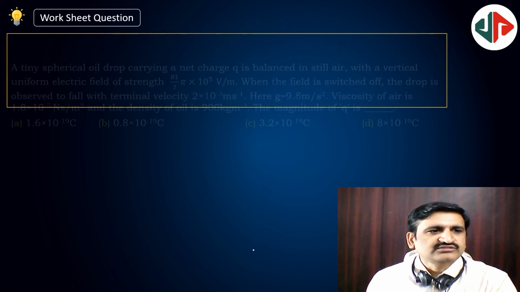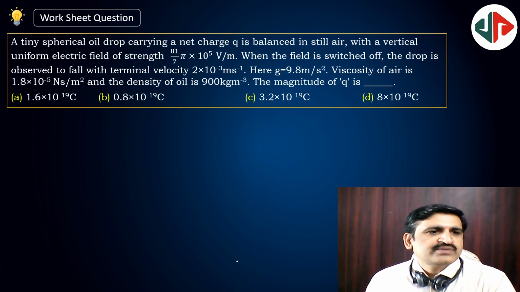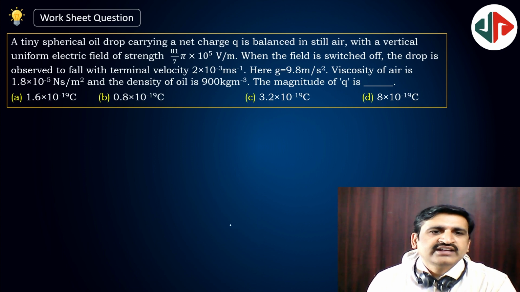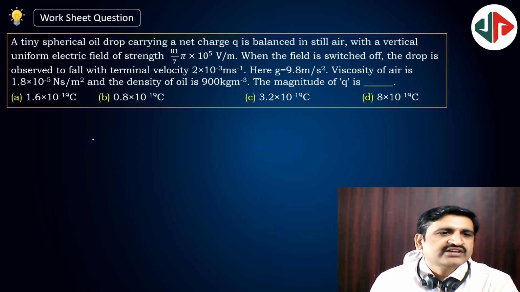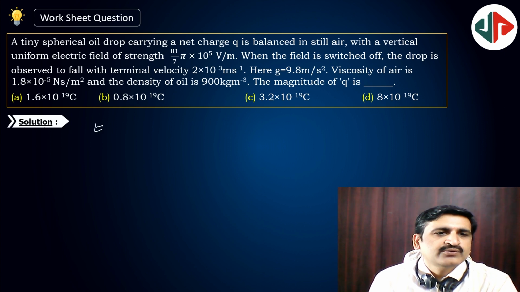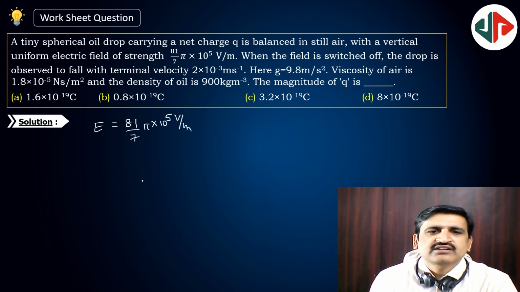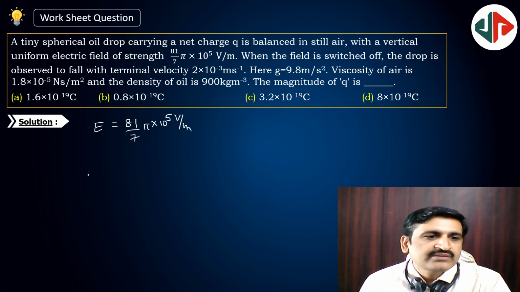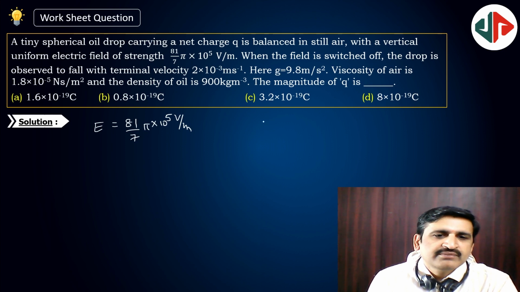A tiny spherical oil drop carrying a net charge q is balanced in still air with a vertical uniform electric field strength E is equal to 81 by 7 pi into 10 to the power of 5 volt per meter. When the field is switched off, the drop is observed to fall with a terminal velocity in absence of field.